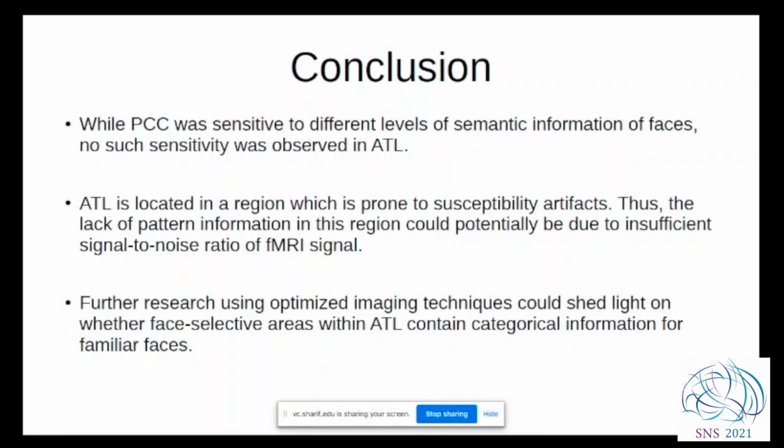We usually have low signal to noise ratio in that region. So in order to get a good signal from ATL, you need to use some special MRI sequences. So hopefully with a more optimized imaging technique, we can get a better signal from ATL, and then we can evaluate whether ATL contains information about, let's say, familiar face subcategories or not.